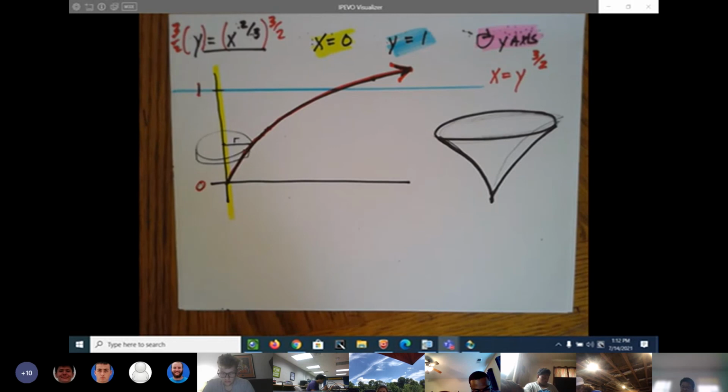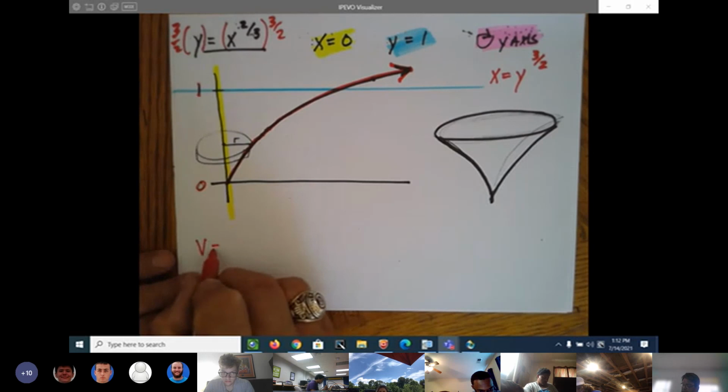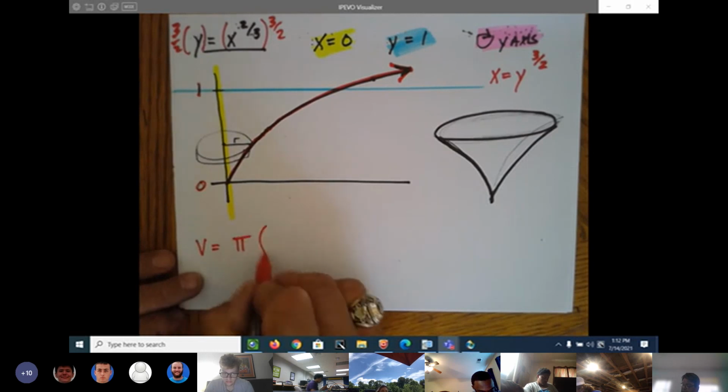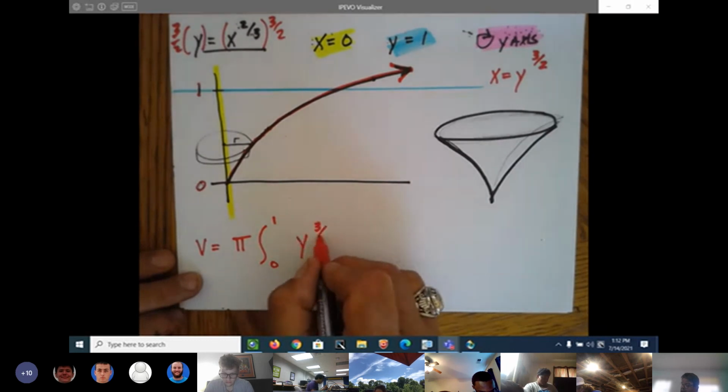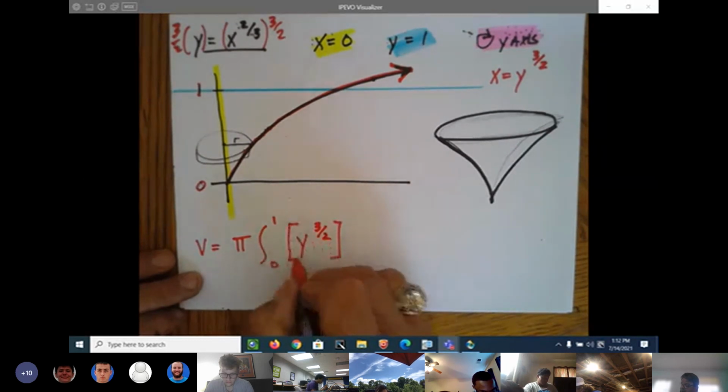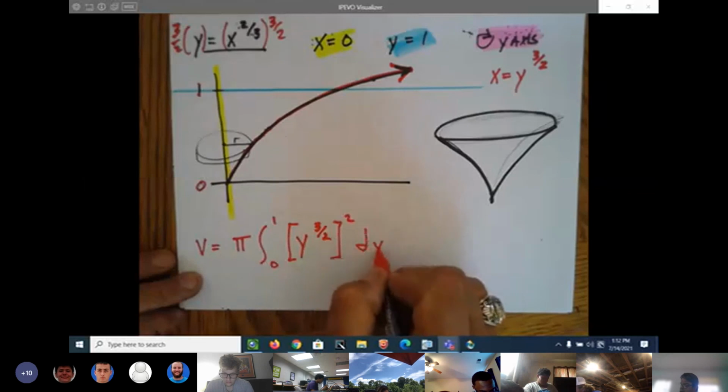Okay, I'm going to do this in red since it is y. So volume equals pi, integral from 0 to 1 of y to the 3/2 power squared dy.